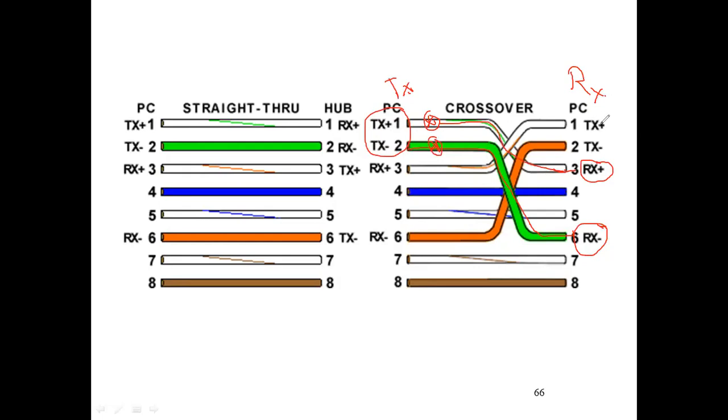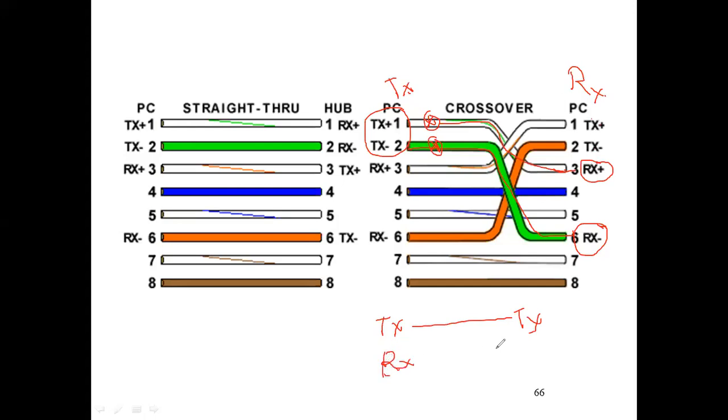Otherwise, if we are using a straight cable, then you can see in this manner. TX is connected with TX. TX positive will connect with TX. TX negative will be connected with TX negative over here. Similarly for RX positive, because TX and RX are in the same position in similar devices. So this is for your understanding and for your lifelong understanding that in similar devices, we will never use a straight cable, right?